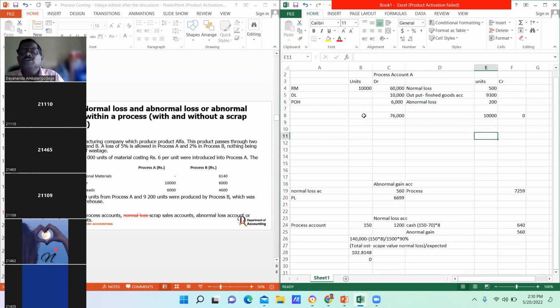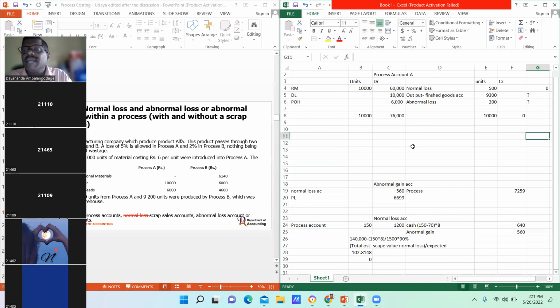Then your unit columns tally, 10,000, 10,000. Now, what is the fundamental question? What are the values for completed units and what are the values for abnormal loss? Since there is no scrap value, here the value is 0.